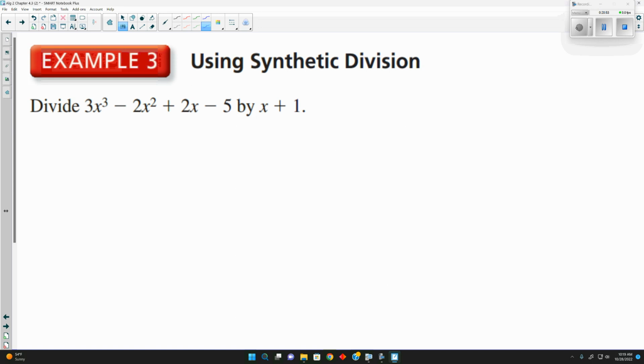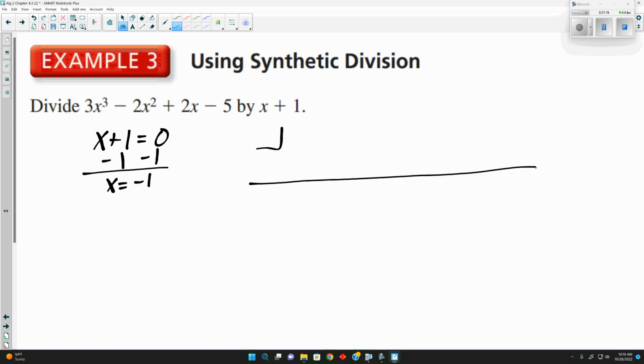I have a feeling this one will give us a remainder. So with this here, the first thing we want to do is solve this for x. So if we solve this for x, we would subtract 1 from both sides, telling us x is -1.